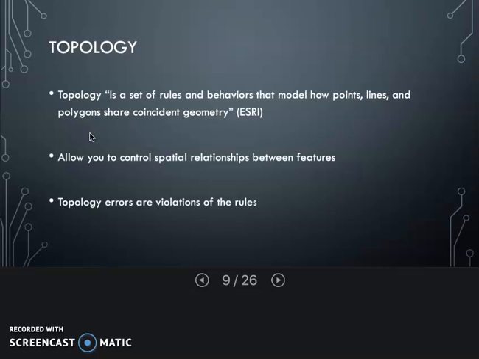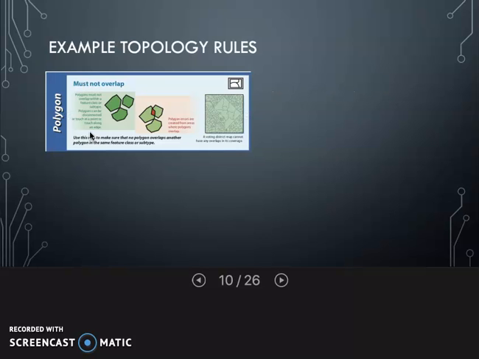I'm going to run through this very, very quickly here. Topology is a set of rules and behaviors that model how points, lines, and polygons share coincident or overlapping geometry. It allows us to control spatial relationships between features. Generally, this runs in the background. You don't have to control this, but in some cases, you may want to. For instance, this topology rule would be that no polygons should be overlapping.